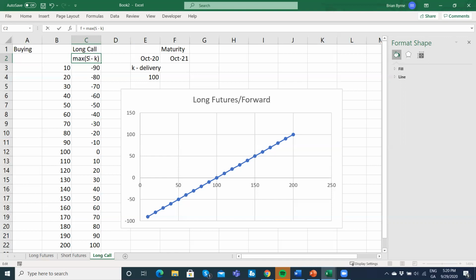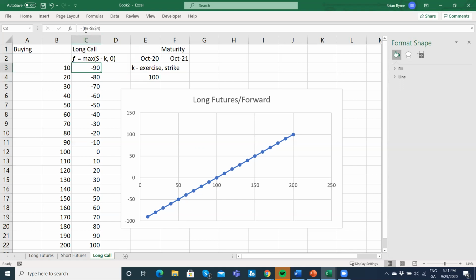Now that's the same as F at maturity, because F and S converge, and K here denotes, in this instance, the strike price or exercise. So we change the terminology and we say not delivery price that you're locked into, but in this instance, it's an exercise. So with the call option, you have the right to buy at the exercise, or sometimes better known as the strike price.